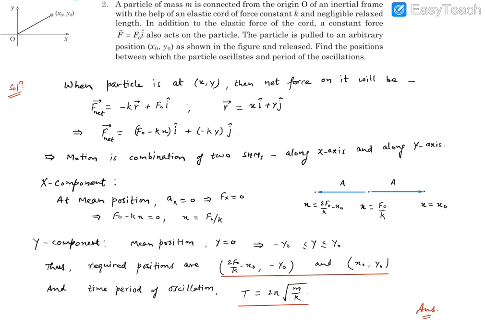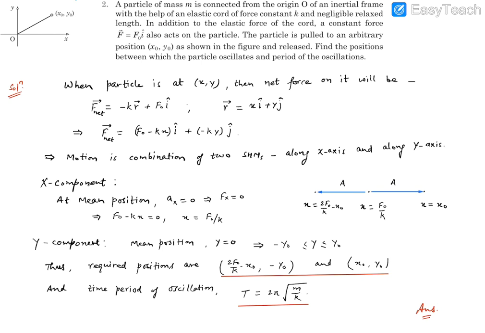Because the relaxed length of the cord is negligible, whatever this r is going to be will be the elongation. r is written as x i cap plus y j cap.